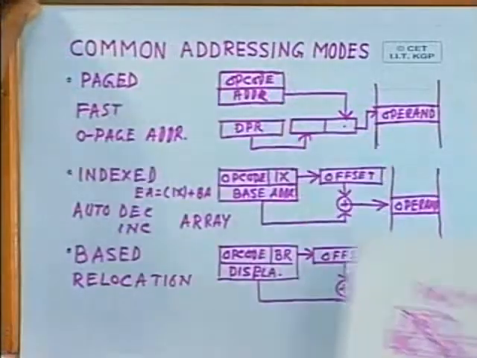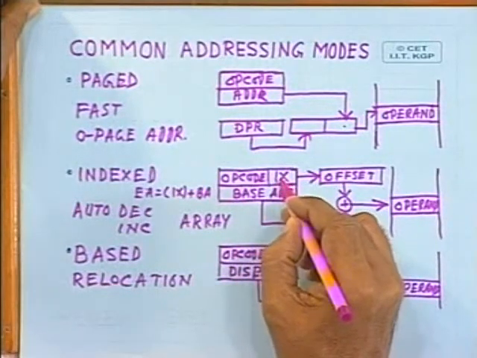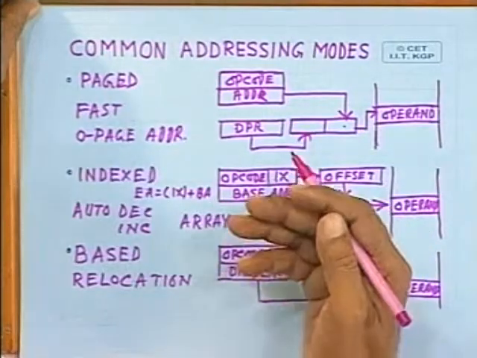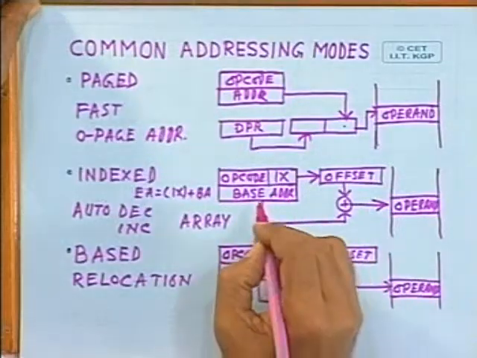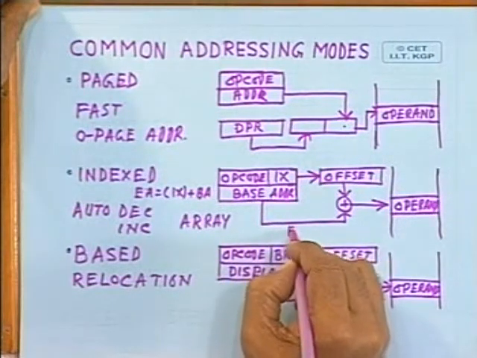That means in indexed addressing, the index register is variable. The value in the index register is changing; it is incremented or decremented to point to different elements of the array. You are keeping the base address fixed, and that's why the base address must be a full address.